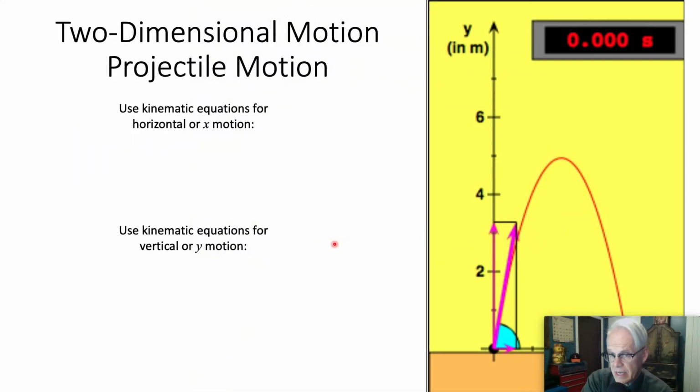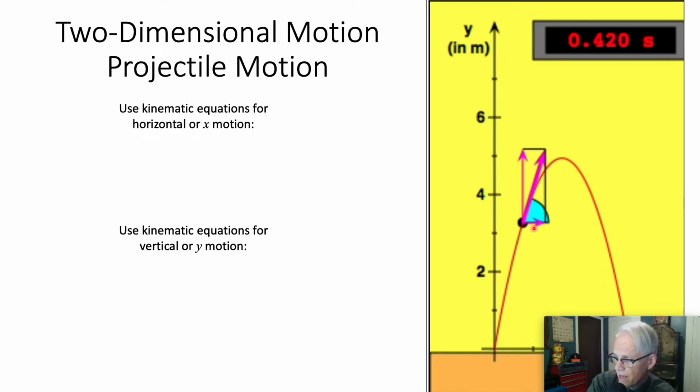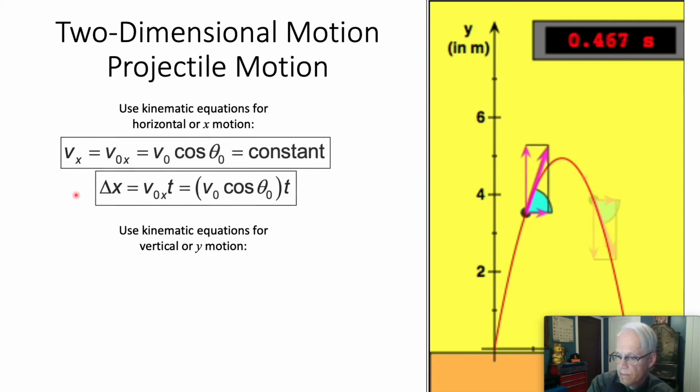Let's write the kinematic equations for the case of projectiles close to the Earth's surface when friction is negligible. Notice that the acceleration in the x direction is 0, and the projectile's velocity component along the x direction remains constant. So we basically have distance equals speed times time.